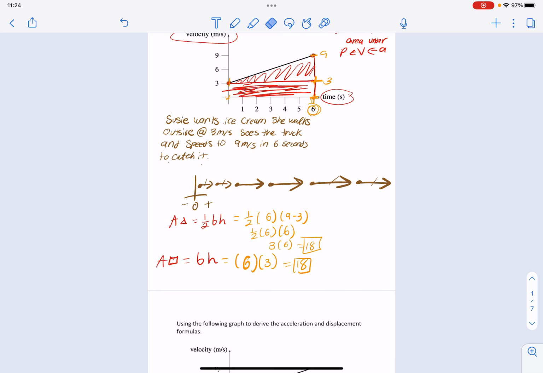Let me erase these squares so that you don't get confused later. So that means that the area of my triangle is 18, and the area of my rectangle is 18. So the area of the full shape, right, is the area of the triangle plus the area of the rectangle.